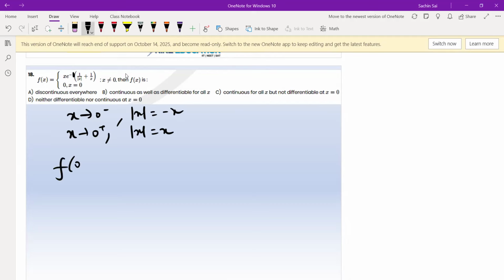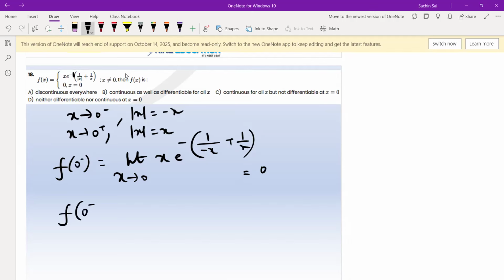So f of 0 minus will be the limit as x tends to 0 of x e power minus of 1 by, in place of mod x, I'm writing minus x, right? So this will become 0. This limit is 0. And if I try to find f of 0 plus, I have the limit as x tends to 0 of x e power minus of 1 by x plus 1 by x, right?